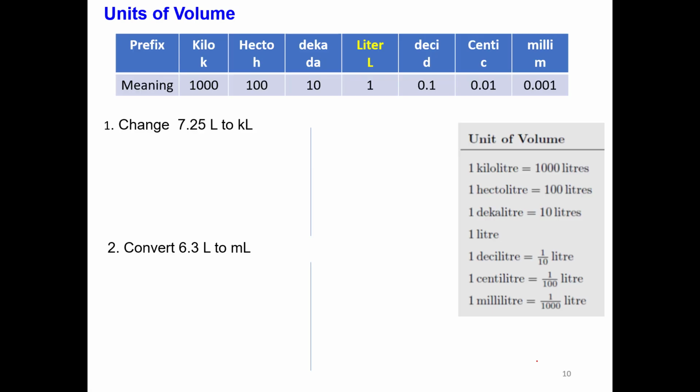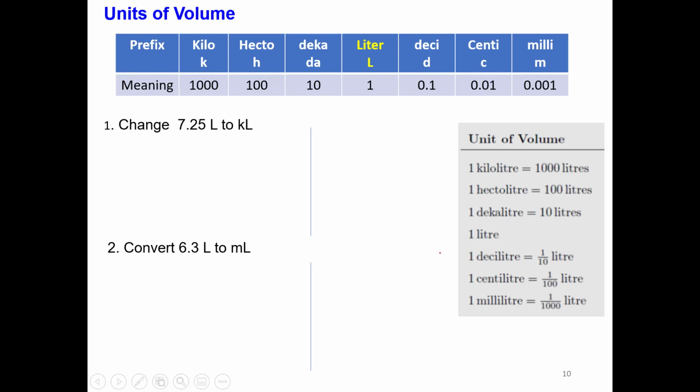Again, we will do the same thing. We will solve these two problems using the unit conversion factor, and we will also use the chart to convert, in this case, from liters to kiloliters, and here from liters to milliliters.